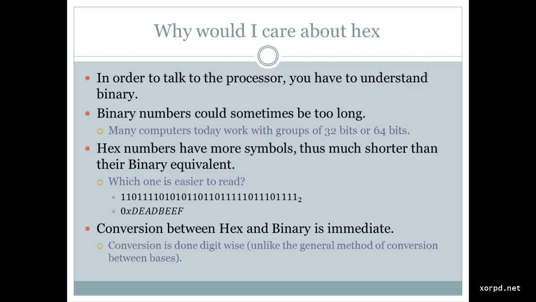It's pretty simple. We don't have to use the complicated methods of dividing many times or doing anything that takes too much thought. If you are experienced, then you just remember the representation of every digit in binary. There are not so many, in fact, there are only 16. So, in fact, conversion is done digit-wise.